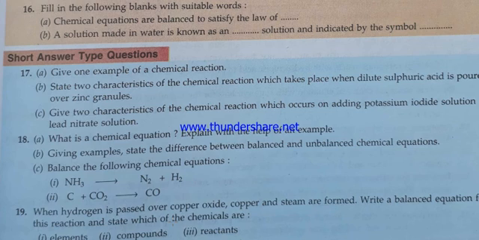Write the balanced equation for the reaction and state which chemicals are elements and compounds. Hydrogen gas, that is H2, is a molecule; copper oxide is a compound; copper is an element or metal. Okay, so this is about these types.